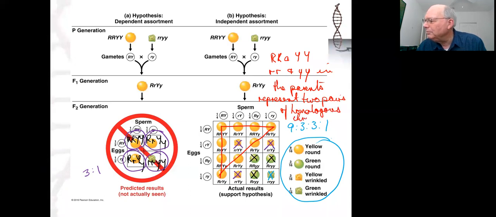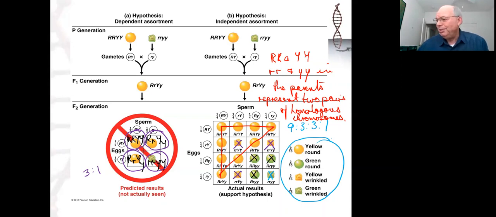Homologous chromosome. So when we start thinking about the fact that these might represent pairs of homologous chromosomes, which is in fact what this data is telling us, how does that in fact explain all of these possible combinations?